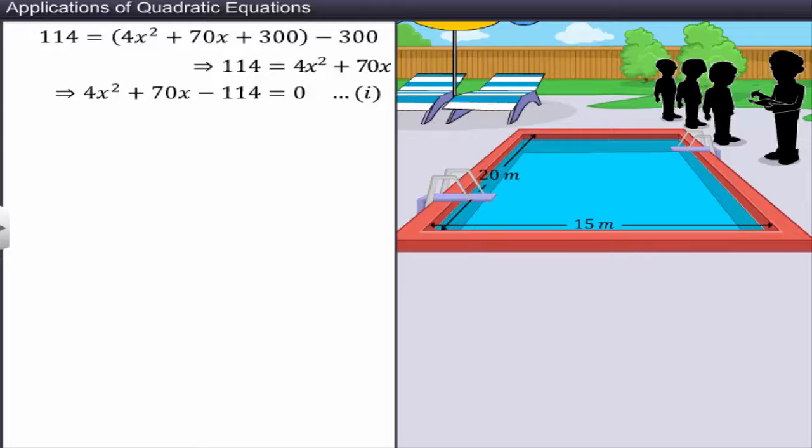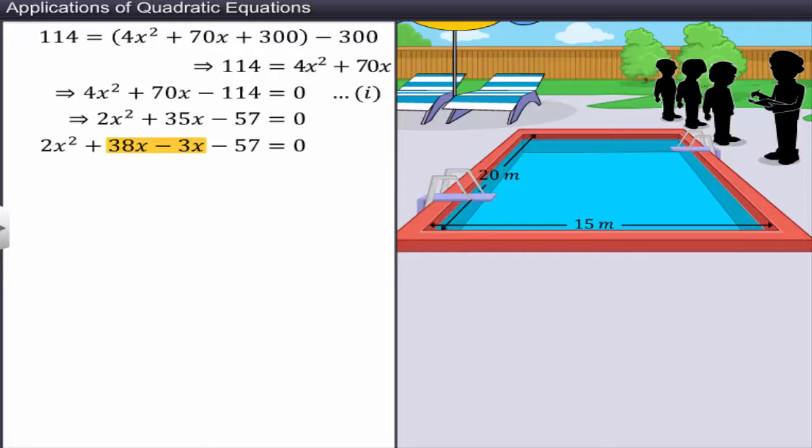Equation 1 can further be reduced to 2x squared plus 35x minus 57 equal to 0 by dividing both the sides by 2. Let us now solve this equation for x. Split the middle term, 35x, as 38x minus 3x.